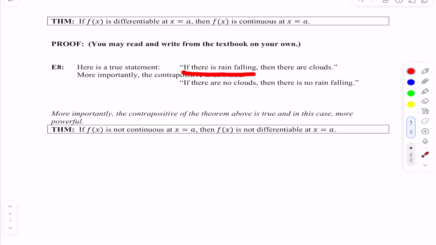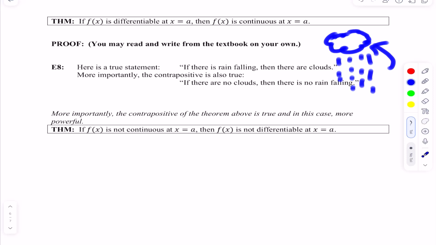If there is rain falling, then there are clouds. More importantly, the contrapositive is also true. If there are no clouds, then there is no rain falling, right? If you could imagine rain falling, well, where does rain come from? Rain must come from a cloud. However, if there's no rain, there can't be any clouds.